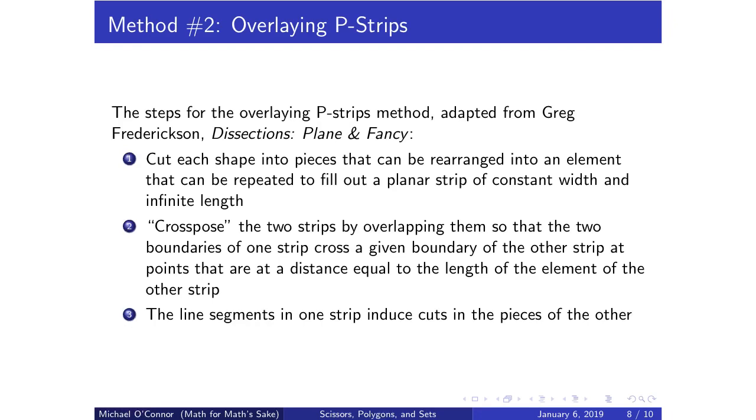You take one at an angle and overlap it on the other one, so that there are two conditions. Either the area of the overlap is the area of the shape you want to dissect, or the intersection points of the boundary lines on one are at a distance equal to the length of the elements of the other strip. And then again, you let the line segments of one strip induce cuts in the pieces of the other. So let's take a look at how this works.